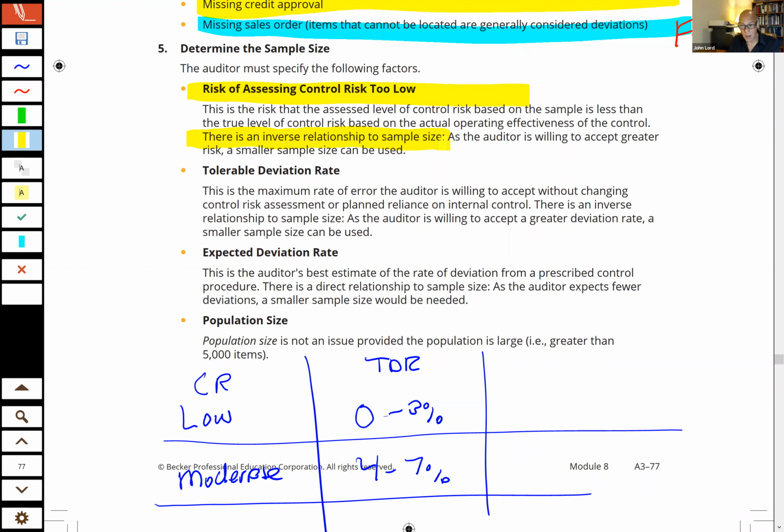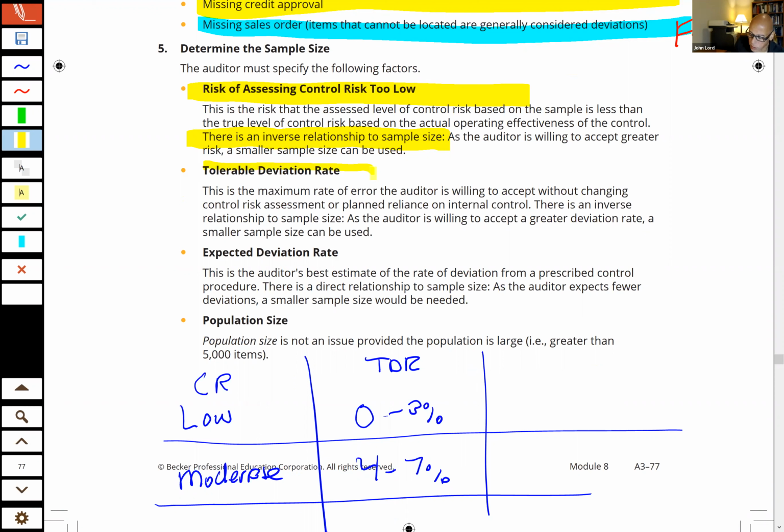And you're going to say, no, no sample size is big enough when the risk is that great, right? But you will say, test all the apples in that case, right? And so the larger the sample, the more you can trust that sample. And thus, if we want to lower the risk, we need a larger sample size, an inverse relationship.